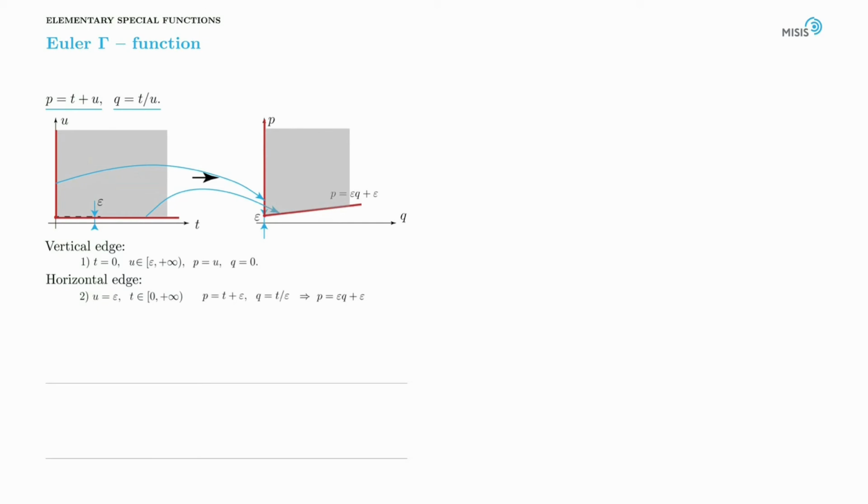So here is our product of two gamma functions. First, it used to be a double integral.